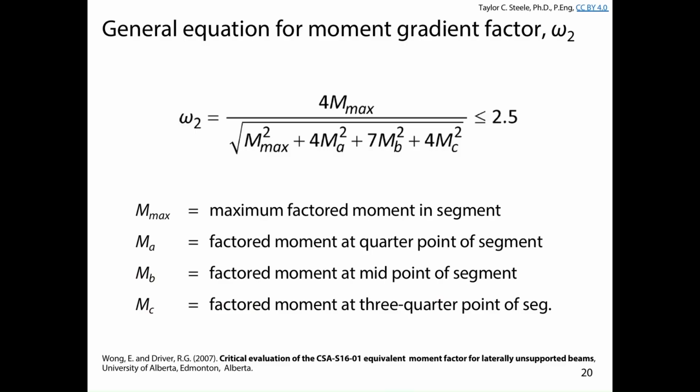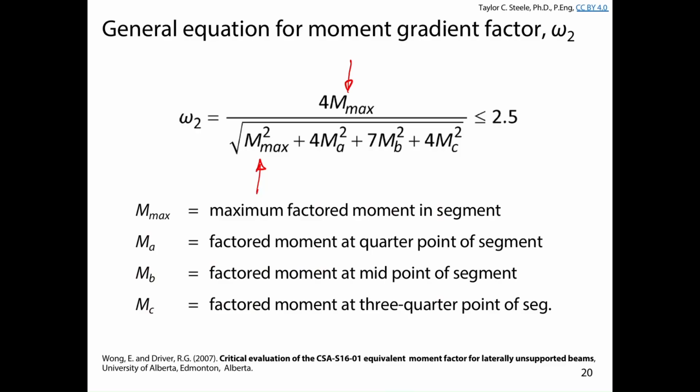Basically what they came up with was an equation for omega-2 that looks something like this: 4 times the maximum moment in the segment divided by the square root of the maximum moment squared, plus 4, 7, and 4 times MA, MB, and MC squared, respectively. This one's pretty straightforward: it's the maximum moment, which you see in the numerator and the denominator. And then MA, MB, and MC are the quarter point moments from the moment diagram.